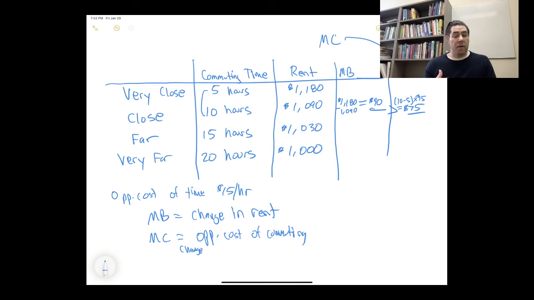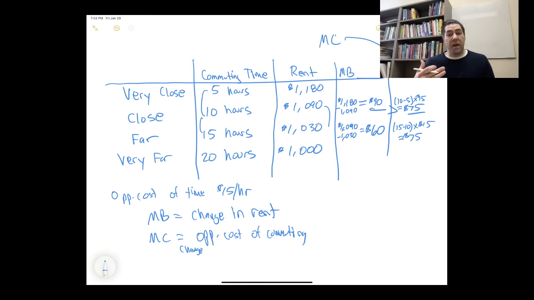What about if I go from close to far? From close to far, I do get a rent saving. My marginal benefit, the change in my total benefit, 1,090 minus 1,030, is an additional $60. So my marginal benefit is $60 saved in rent. The cost, again, is an additional 5 hours of commuting: 15 minus 10, times the $15, is still $75.